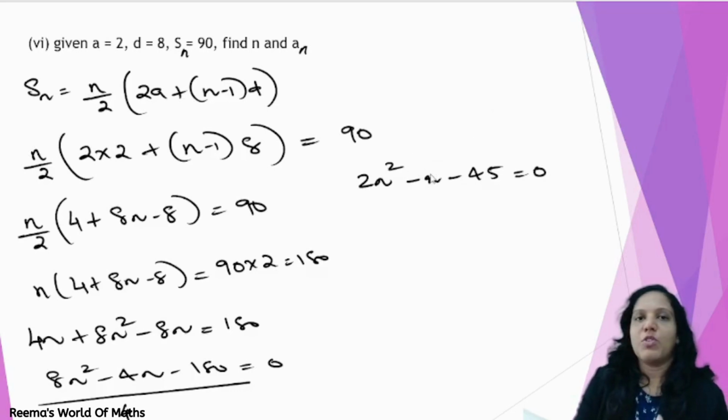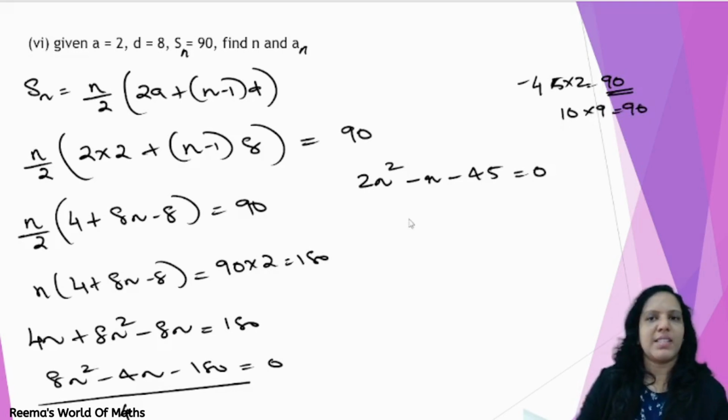We know how to split the middle term. The product of the split terms should be equal to the product of the constant and the coefficient. That is minus 45 multiplied by 2, which is 90. We can express 90 as 10 multiplied by 9, which also gives 90. We use 10 and 9 as the split terms.